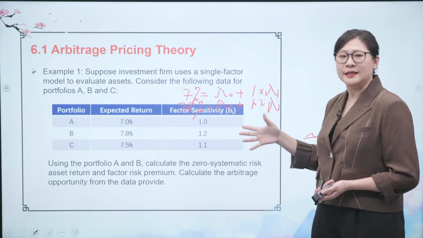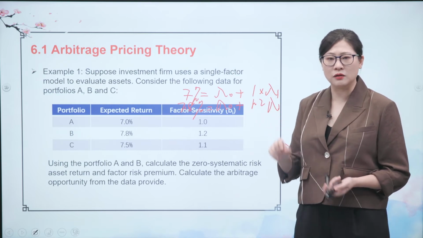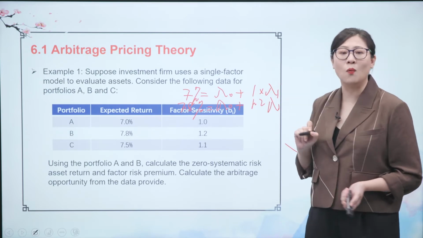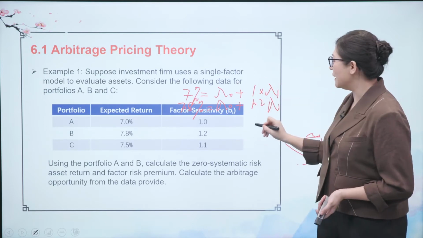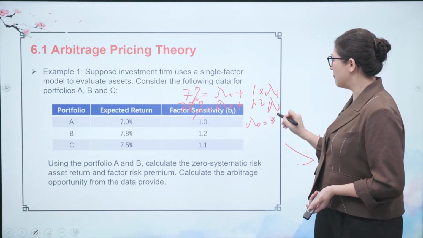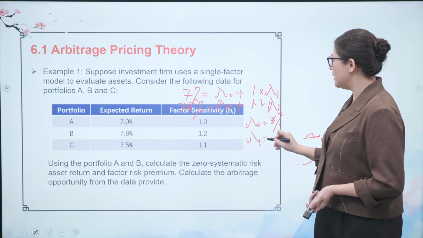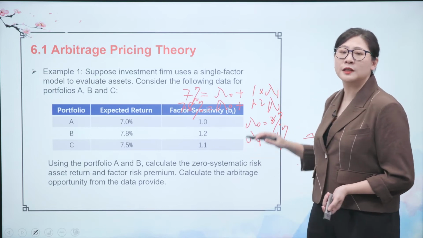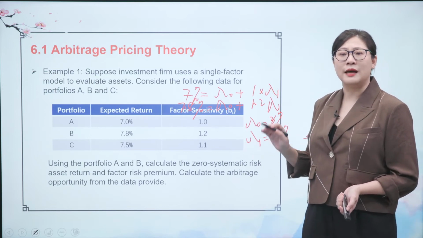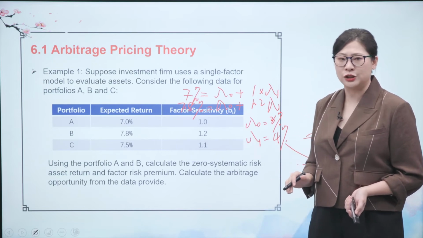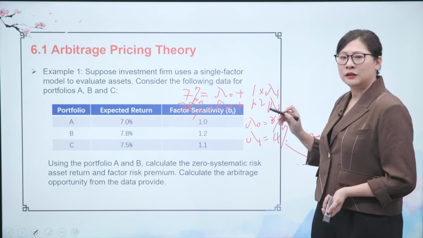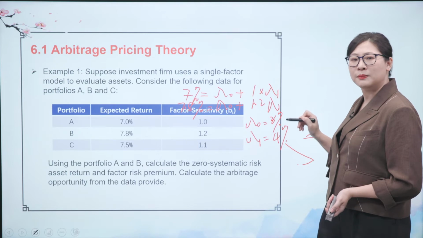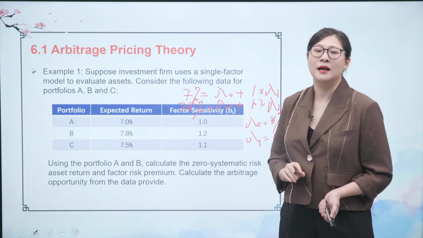We write down the 2 portfolios' APT model, and there are 2 parameters, lambda 0 and lambda 1. You can solve both of them to find lambda 0 equals 3% and lambda 1 equals 4%. Okay? If you have this result, you can write down your APT model. It should be ERI equals 3% plus 4% multiplied by BI. So that's your APT model.